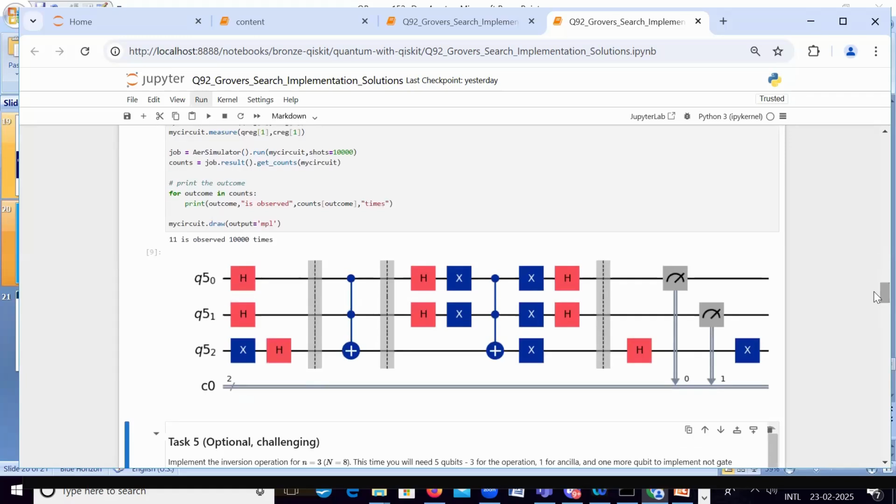Now we can see bit string 11 is being observed exactly 100%. Yeah, 100% of the total shots.